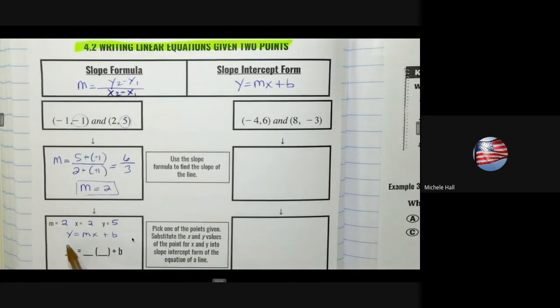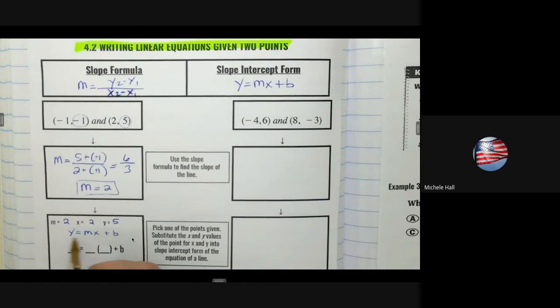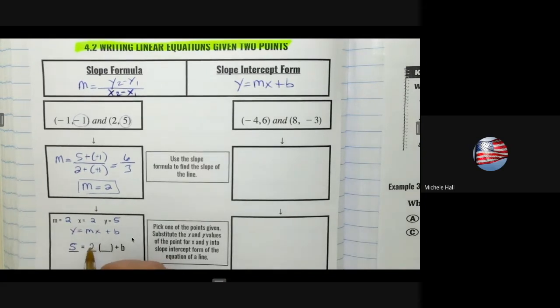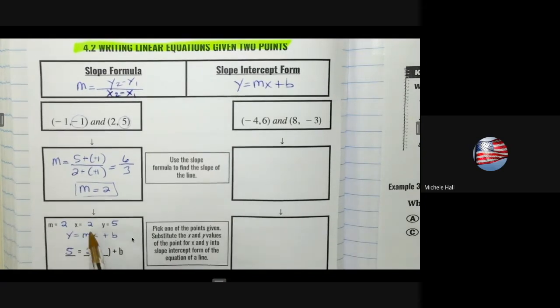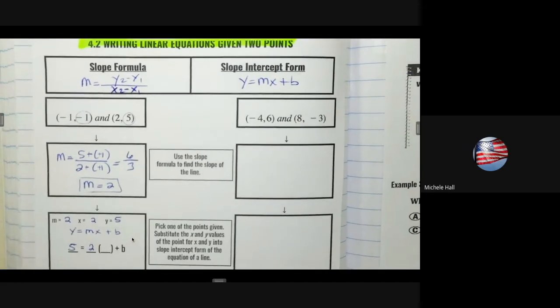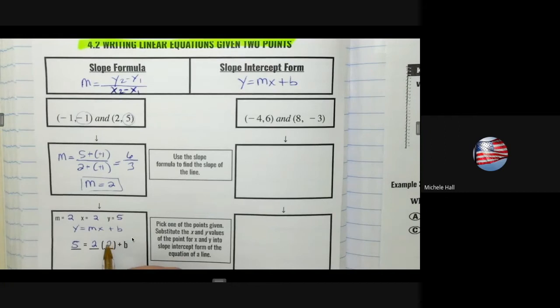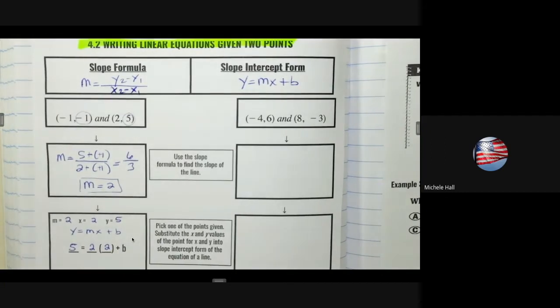We see that y is 5, so 5 equals. Here we're multiplying our m and our x, so our slope is 2, and our x value also happens to be 2. I don't know what b is.